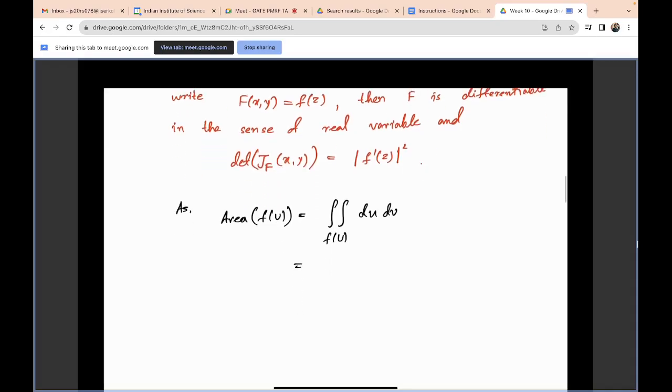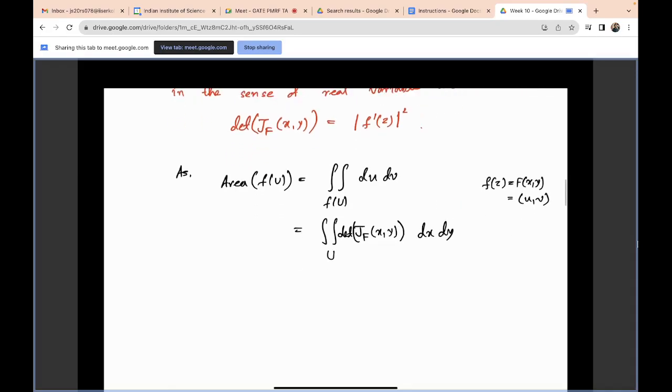If you now make a change of variable, viewing f(z) as capital F of xy, which gives some u v, this is the same as the integration over U of the Jacobian determinant of F. When you do the change of variable, the Jacobian determinant comes in. So basically this is the determinant, and dx dy.